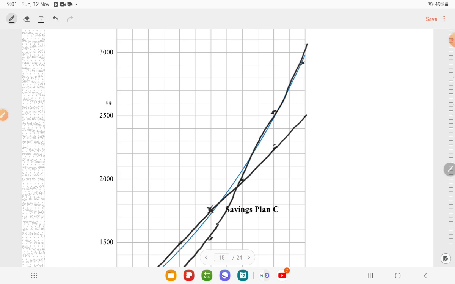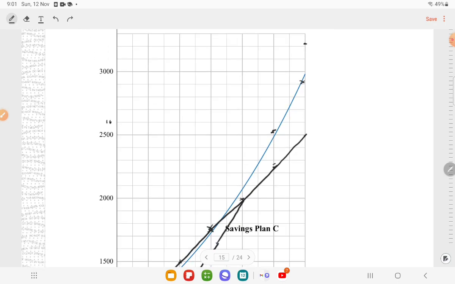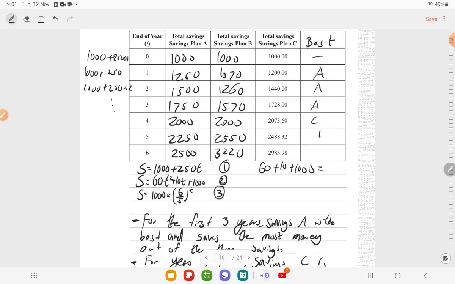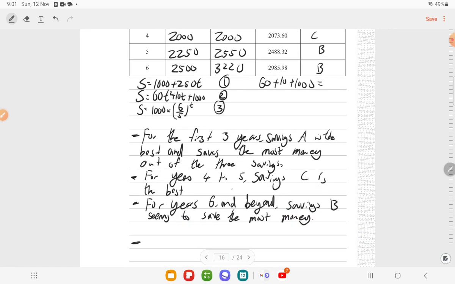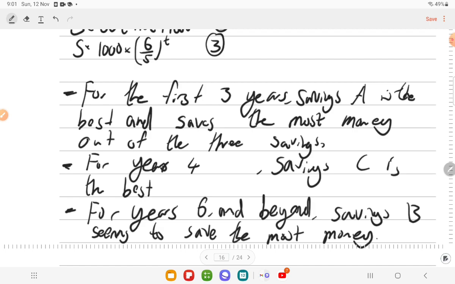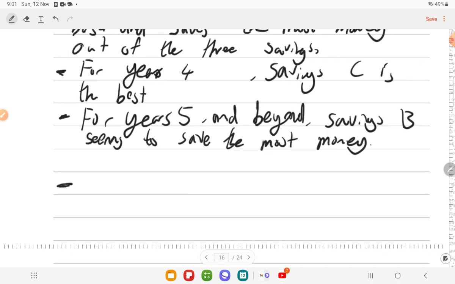Oh no. For year 4, savings C is the best. For year 5 and beyond, savings B seems to save the most money.